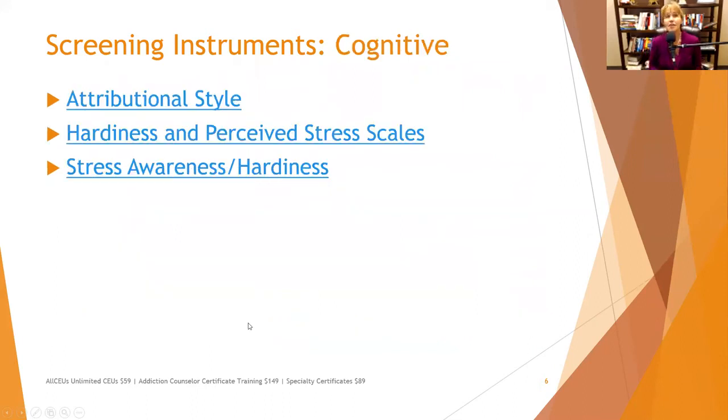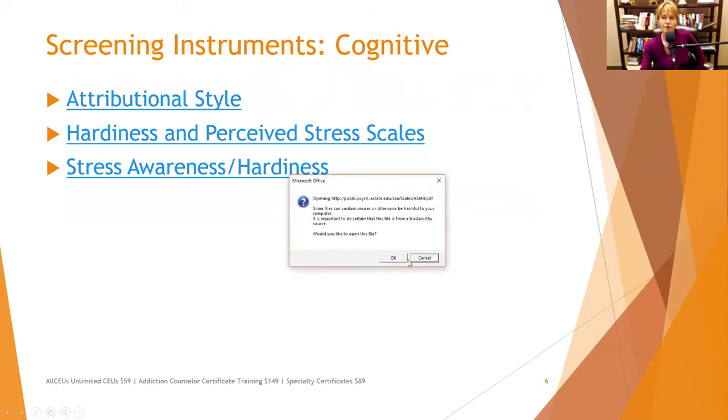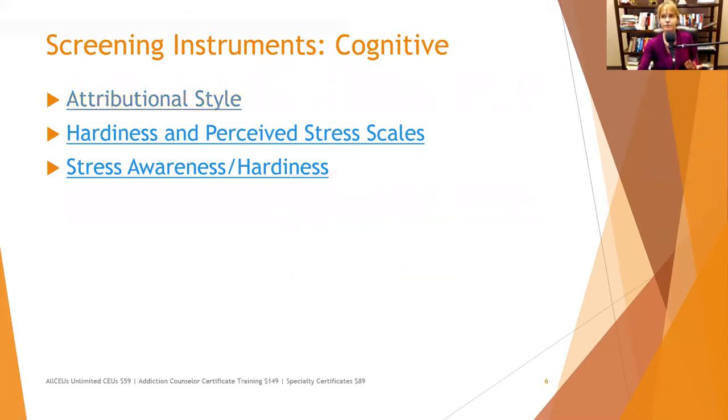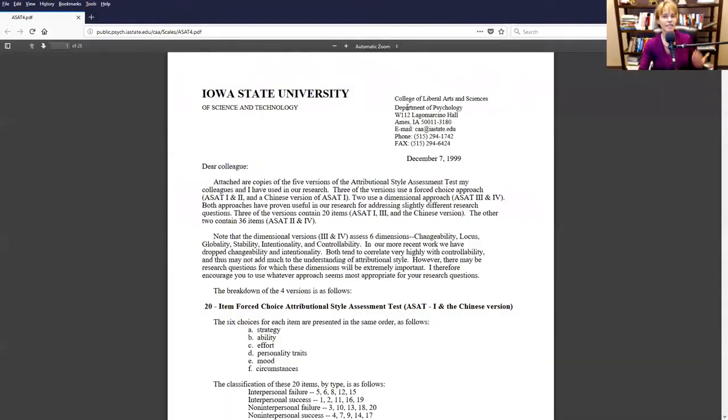Now, a couple other instruments that I like to use to look for cognitive issues that might complicate the picture, such as negative attributional style, low hardiness or high levels of stress, are on this slide. Now, attributional style is where you attribute things coming from. Is it internal or external?